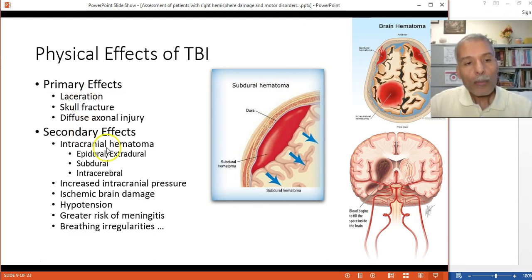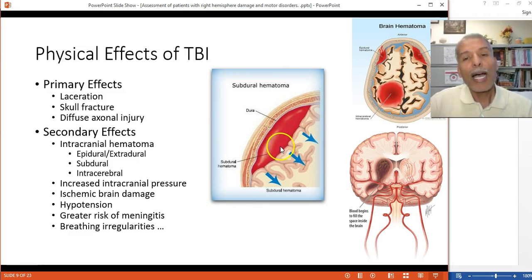So, secondary effects include intracranial hematoma. Hematoma: hemia, H-A-I-M-A, means blood from Latin. And then toma means mass. So hematoma is an accumulation of blood, usually clotted blood.